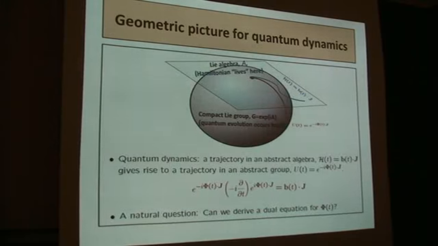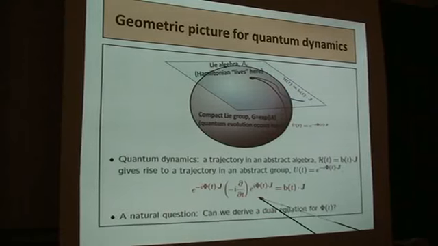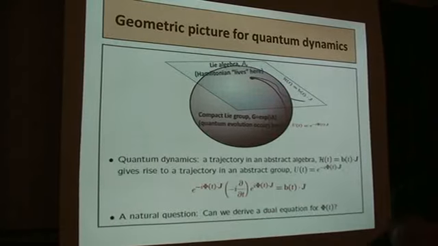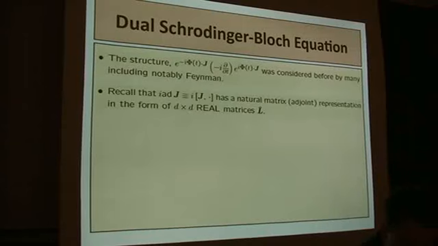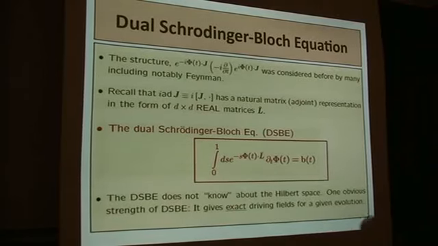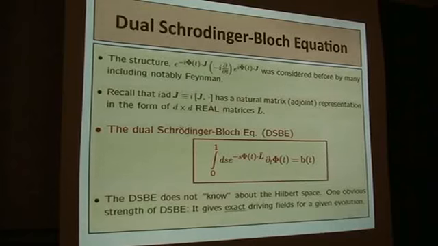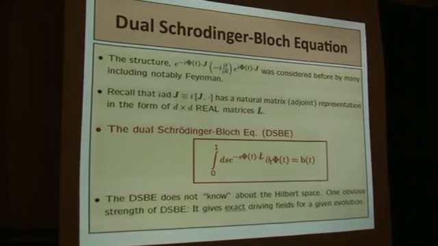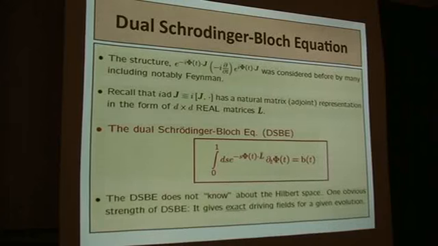Another reasonable question is: can we derive explicitly the equations for phi? And the answer is, in some cases, you can. In fact, this structure was considered before by many people, including Feynman. It appears again in mathematical literature, but it is normally not assigned any major importance.